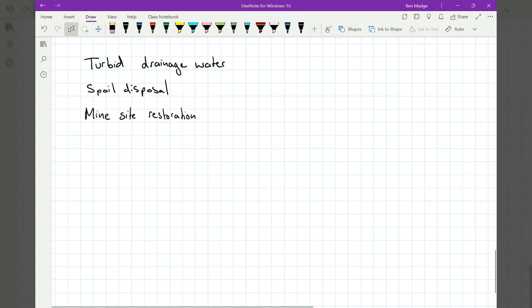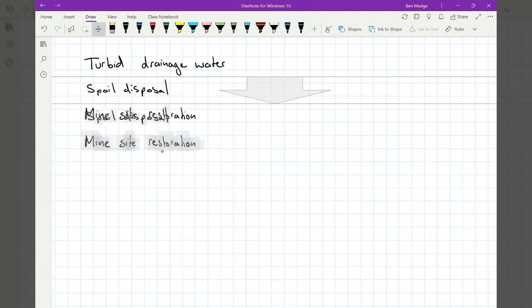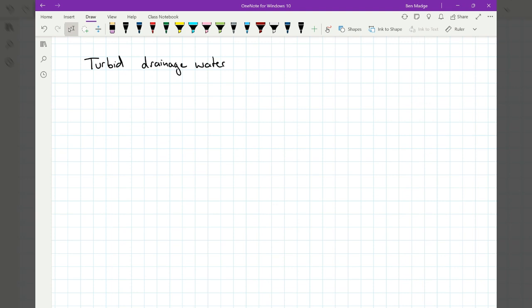Next one then is turbid drainage water. So if we have, for example, a China Clay Works, which is usually a big open cast mine, but it could be any type of mine, to be honest.